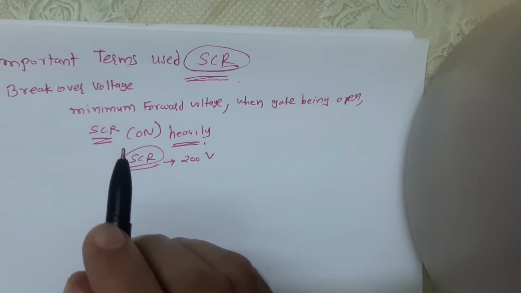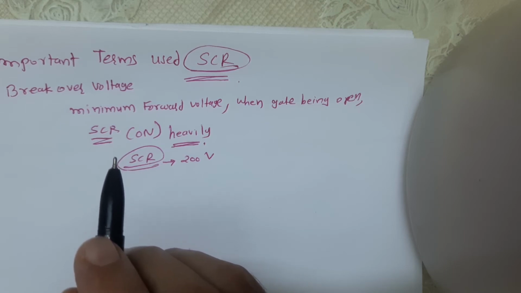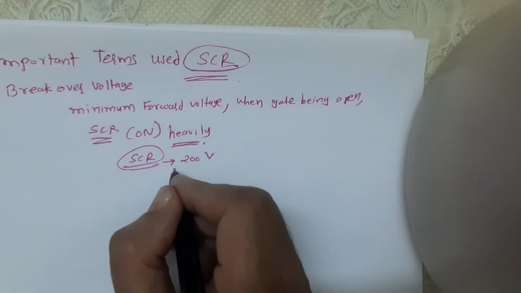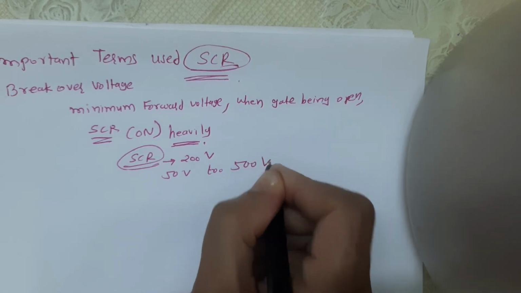In practice, the SCR is operated with the supply voltage less than breakover voltage, and it is then turned on by means of a small voltage applied to the gate. Commercially available SCR have breakover voltage from about 50 volt to 500 volt.